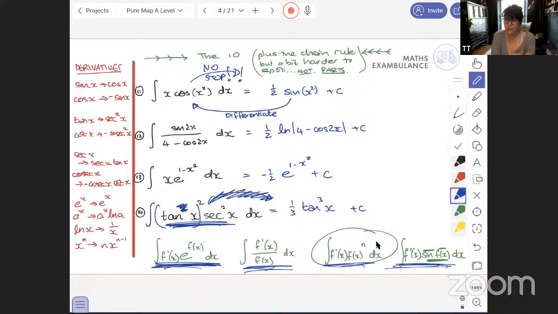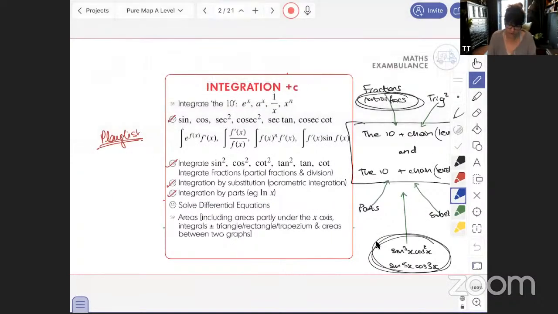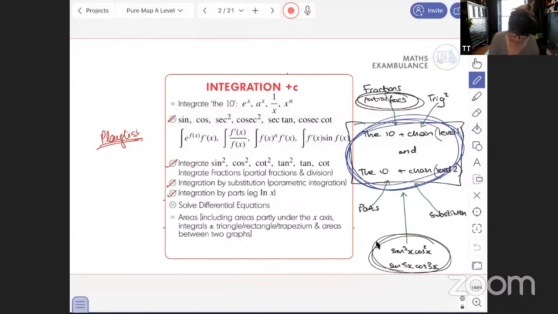However, we are in the situation where we're trying to finish this, and I want to give you an idea of the type of integrals that there actually are. Okay, we've only done 14 of them. We've got 27 minutes left. So I'm going to push on, but before I push on, I want to show you and remind you the structure of what we're doing here. So what we just talked about, the 10 and then those 4, that is the whole of integration.